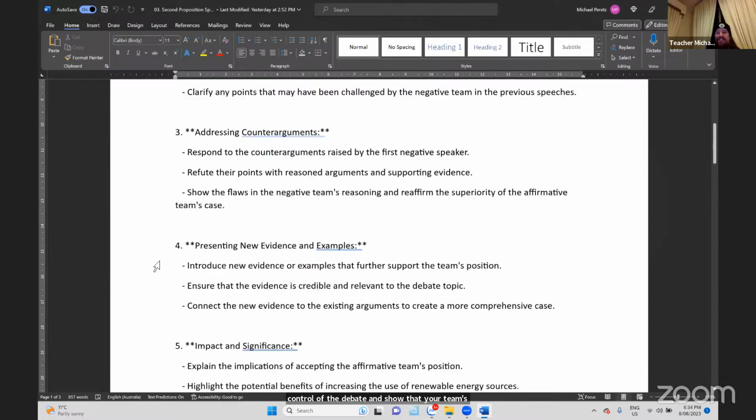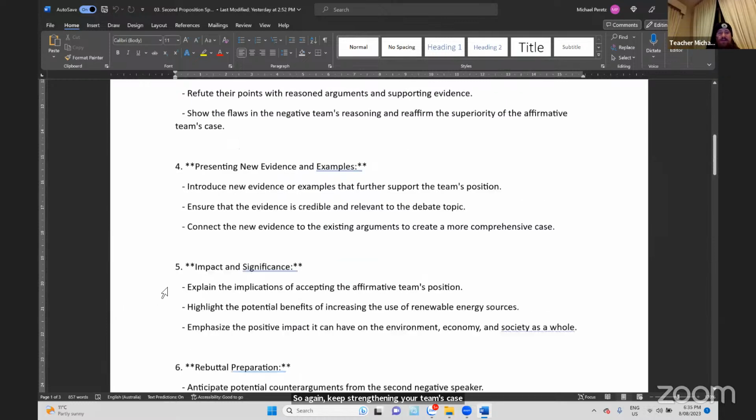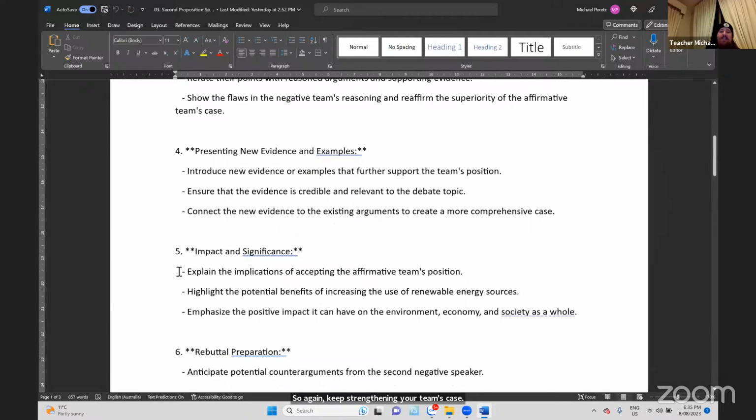You then want to present some new evidence and examples. Again, keep strengthening your team's case. And something different this time, you want to explain why it's important, or what the audience stands to gain if they believe in your side of the argument.